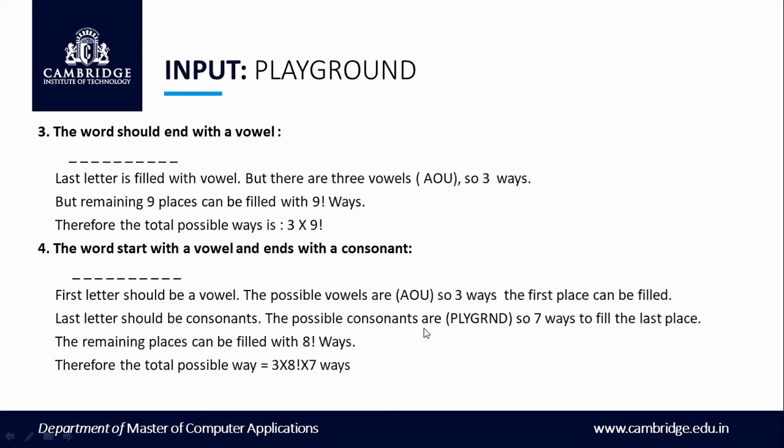The possible consonants available are the remaining letters P, L, Y, G, R, N, T. So 7 ways to fill the last place. The remaining places can be filled in 8 factorial ways, that is 8 places are there. Therefore, the total possible way is 3 into 8 factorial into 7. That much number of ways you can do the arrangement.